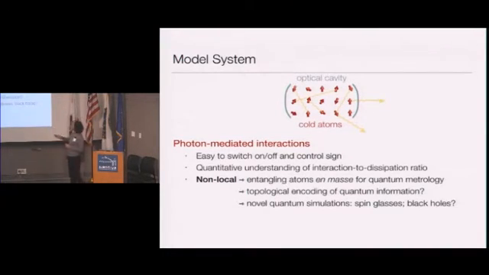And because we can have an interaction mediated by light, photons can convey information over distances. This is something where we can have a non-local interaction, which is convenient for generating entanglement en masse. And also, because of its non-local character, can potentially enable new types of quantum simulations.